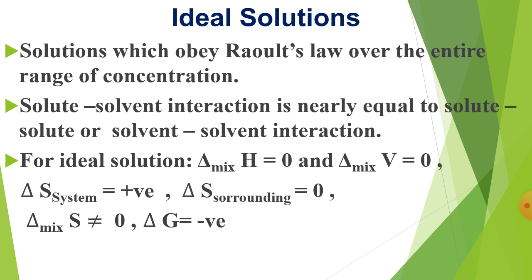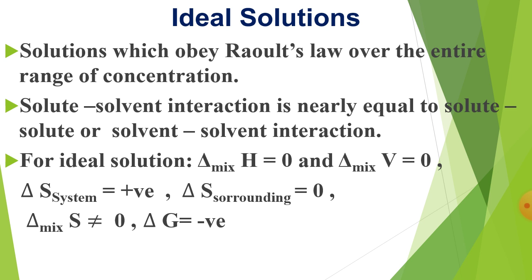So that's why surrounding entropy should be equal to 0. Again, delta mix S is not equal to 0 and delta G should be negative for solution, either ideal or non-ideal.